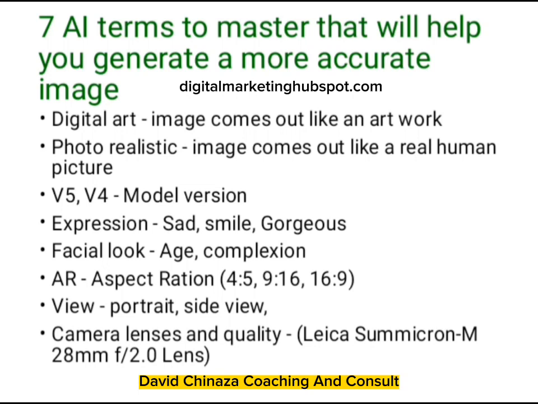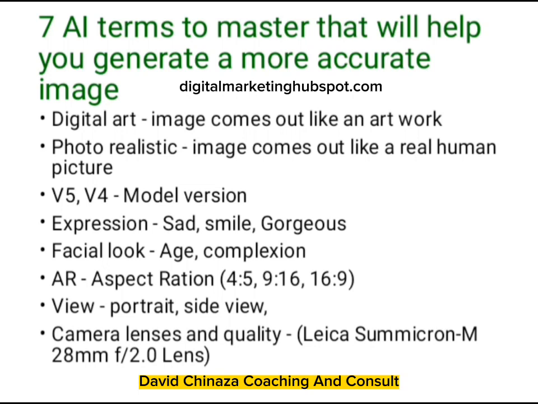Then we have camera lenses and quality. If you see some prompts, especially prompts that have to do with human beings, models, realistic photos, you see that most times they mention the lens or the camera quality they want the image to be produced with. You can tell AI to produce an image that has this kind of camera quality.